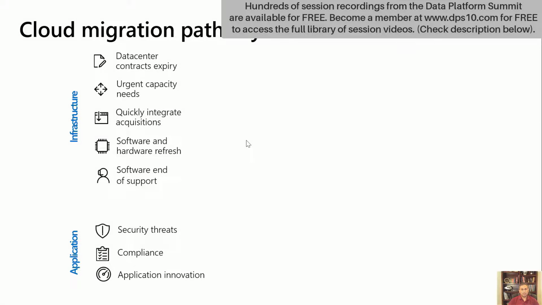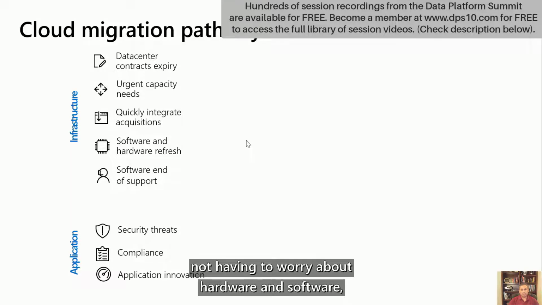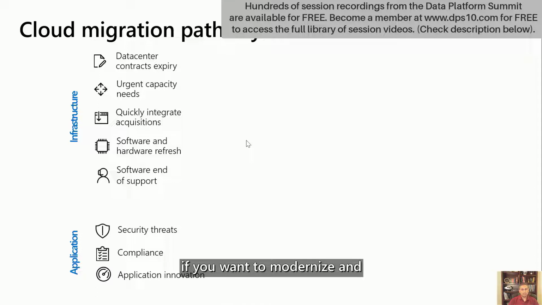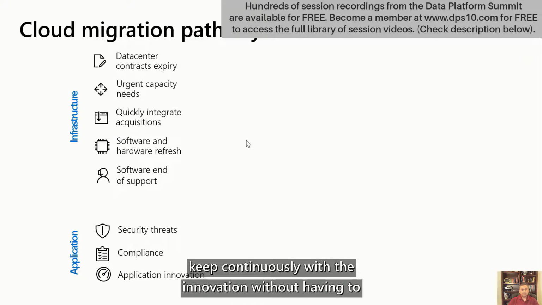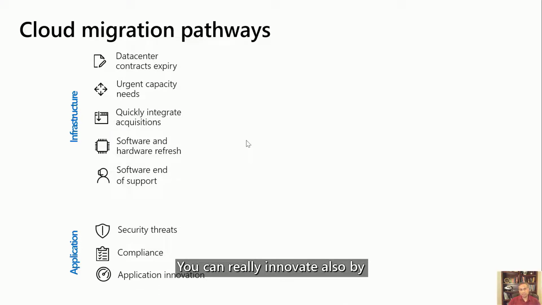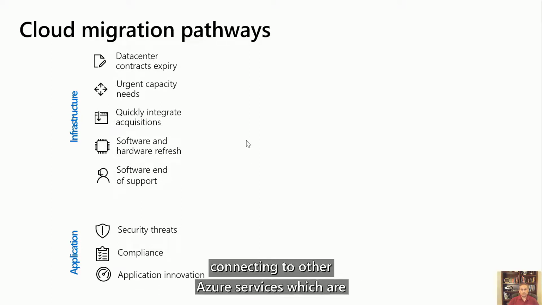They can also avoid worrying about hardware and software end of support because on the cloud it's evergreen. And then finally, on the application side, you can modernize and keep continuously up with innovation without having to worry about security threats and compliance, etc.